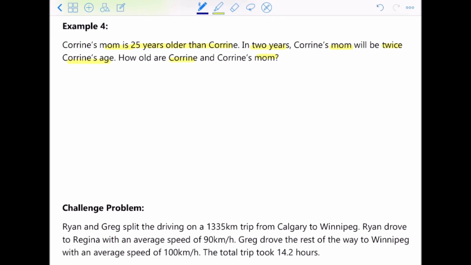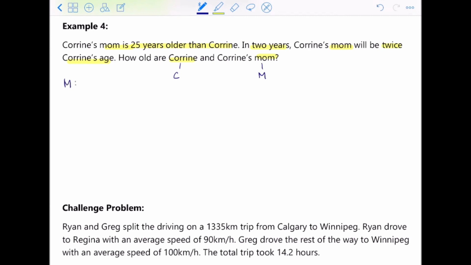All right, this time we don't have a table, so we'll just have to set it up from scratch. So first we need to look for some variables. We'll state it as C for Corinne and M for Corinne's mom. More like Corinne's mom's age and Corinne's age. So let's label it here.